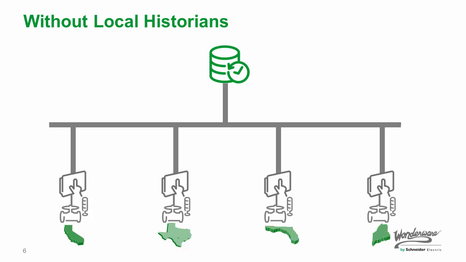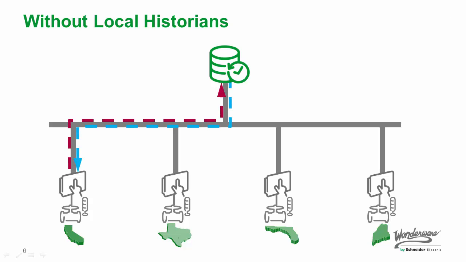So if you look at a traditional historian solution, whether it's a Wonderware historian or other competing historians, the traditional way to do this is have distributed sites that are all sending data to a central historian. And that puts an extra strain on this wide area network.